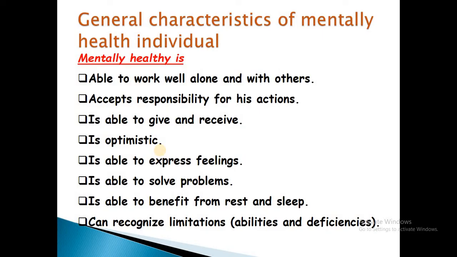But for the male, it is difficult to express feelings, but he can learn how to express feelings. A mentally healthy person is also able to solve problems in his life, and able to benefit from rest and sleep, because rest and sleep are a physiological need in Maslow's hierarchy of needs. It is the first motivational level of Maslow's human needs.